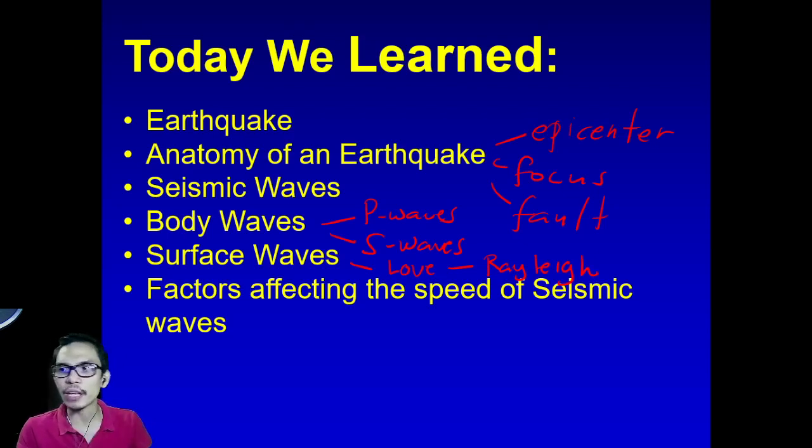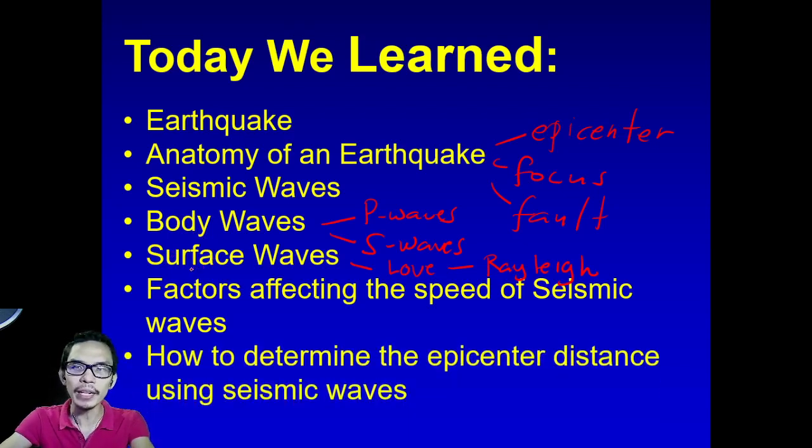Now, the factors that affect the speed of the seismic waves, there are four. We have temperature, we have density, we have depth, and we have pressure. Alright, so those are the four factors that affect the speed of your seismic waves. And finally, in this lesson, you determine the epicenter distance.